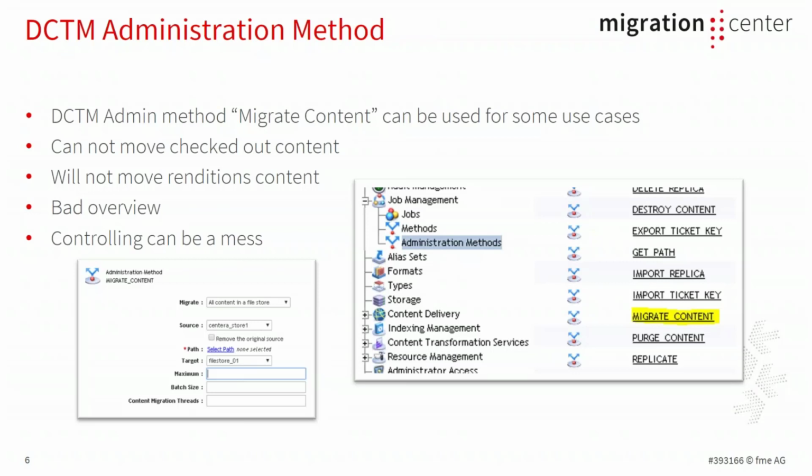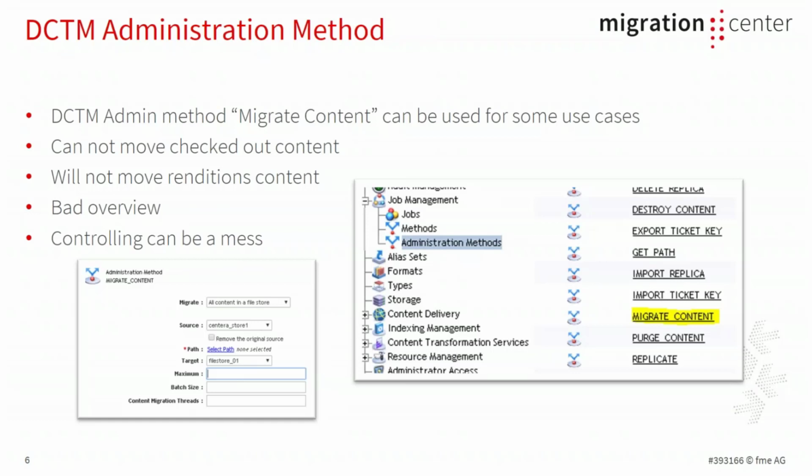You configure it, not very convenient, and then it runs in the background, and you won't get any feedback, or only the log file at the end. And you have some limitations, like you cannot move checked out content. It will not move renditions by default, and also some other smaller limitations here and there.